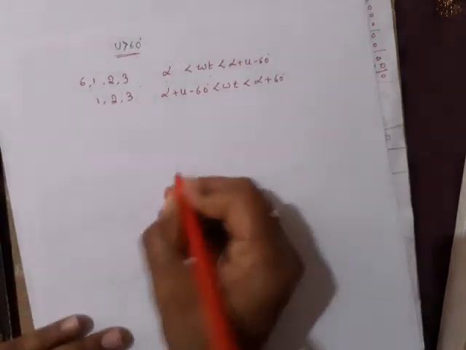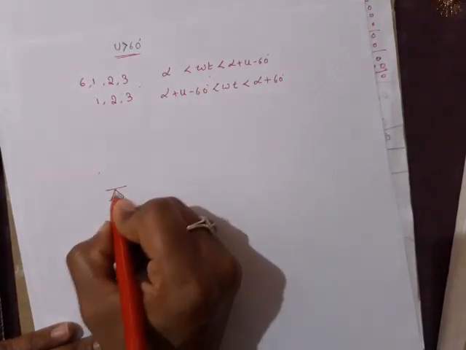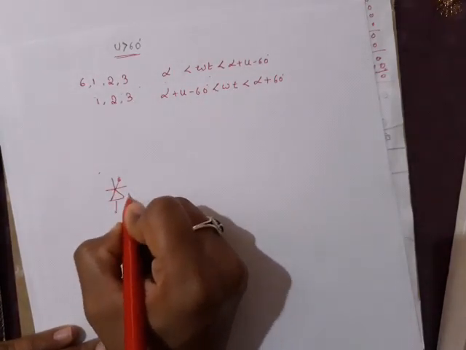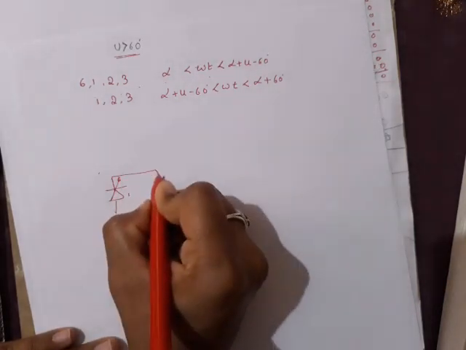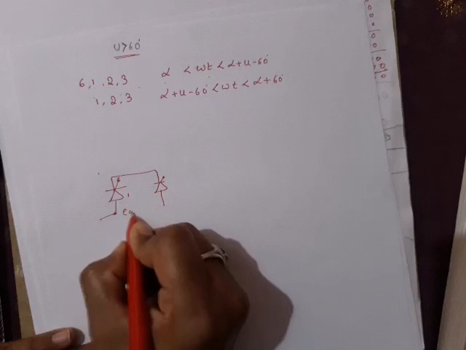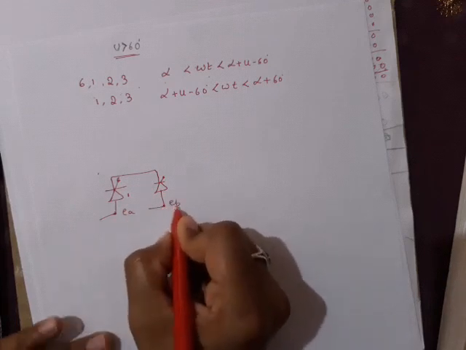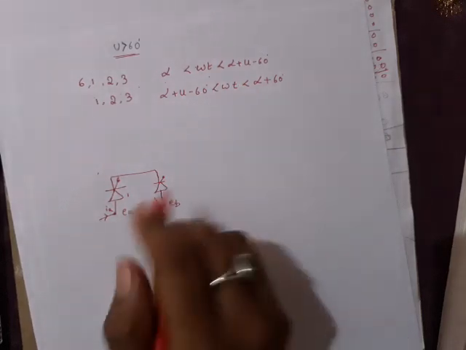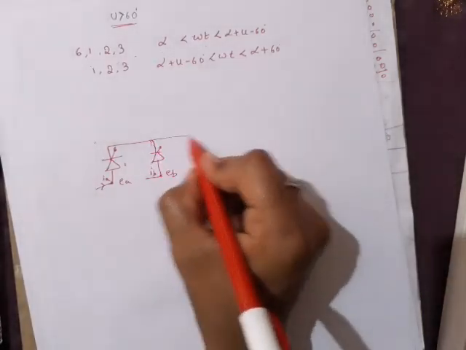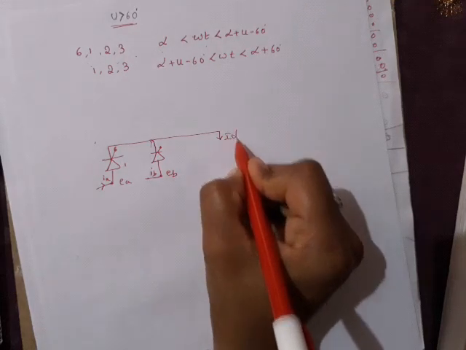Then actually we are looking for the current shifting. Initially valve number 1 is conducting. If you look at the bridge, here we have valve number 1, here we have valve number 3. This is EA, this is EB, and this is current IA, this is current IB. Here we have current ID.